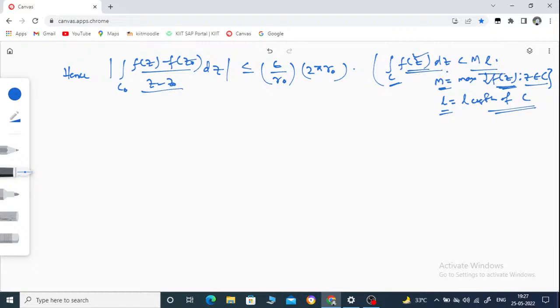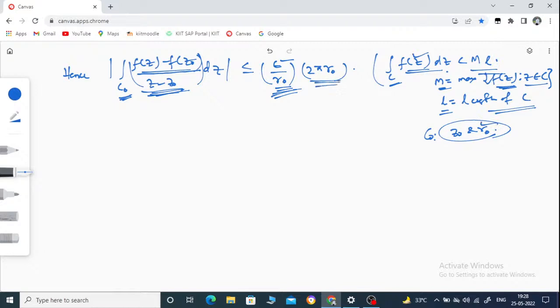And here, the numerator f of z minus f of z0 has maximum value epsilon and the denominator z minus z0 has maximum value r0, so the function has maximum value epsilon divided by r0. And what is L? L is the length of c0. C0 is a circle whose center is z0 and radius is r0, so its length is the perimeter, 2 pi r with r equal to r0.